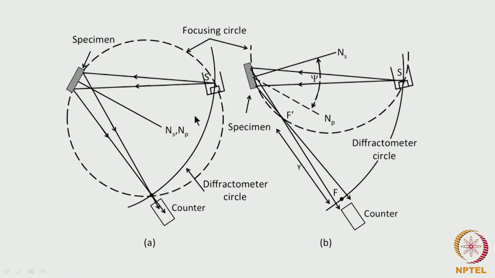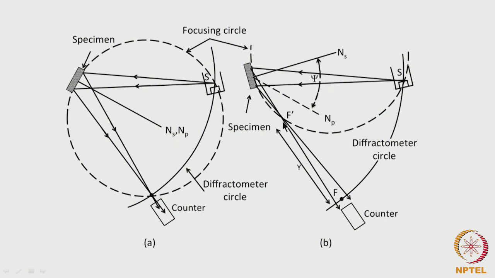But what happens when we have inclined incidence X-ray diffraction? There the specimen is rotated by an angle psi, as you can see here. So, NP, the normal to the plane, and NS, the normal to the specimen, are quite different here. So, NS changes by an angle psi.